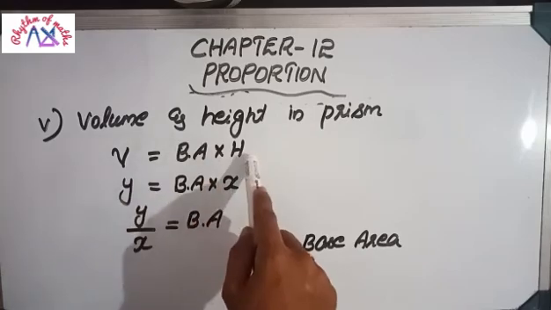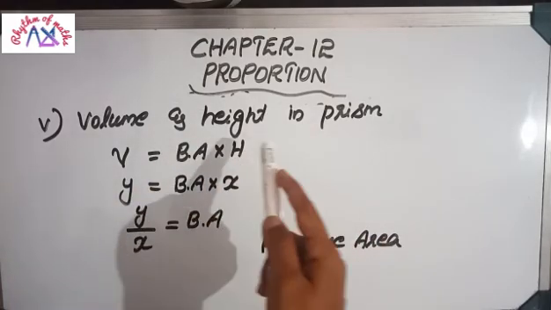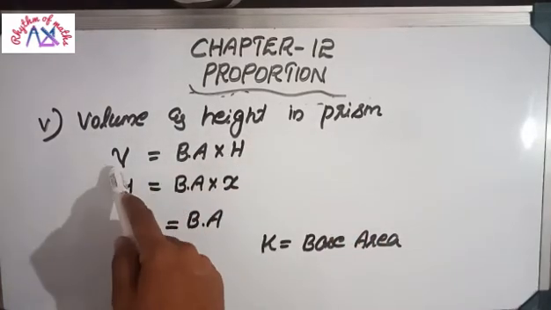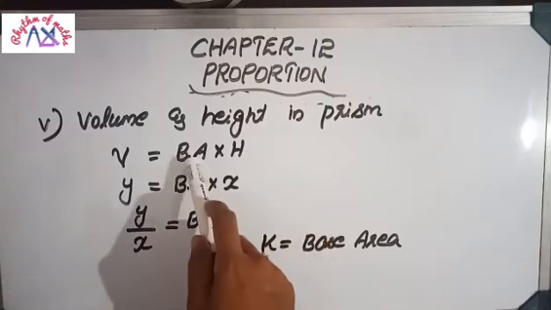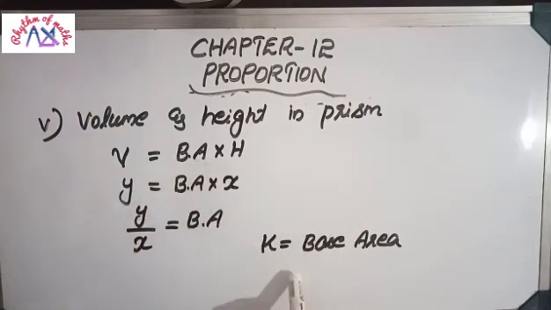Only volume and height will change; as the height increases, the volume will increase. So the base area is a fixed quantity, the constant of proportionality. Volume and height in any prism are in proportion. This is the fifth answer.